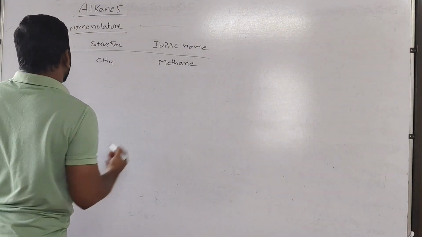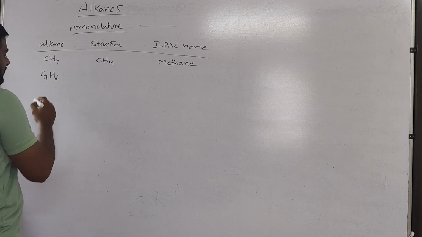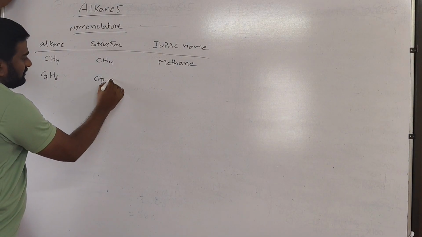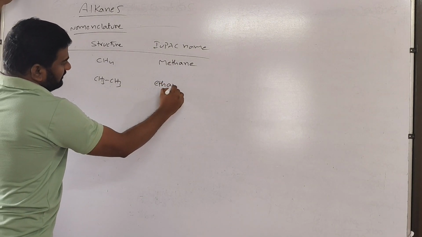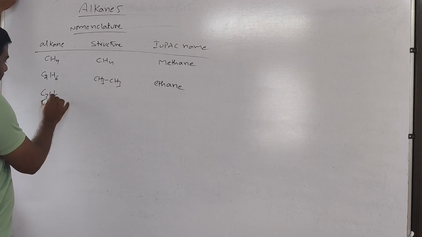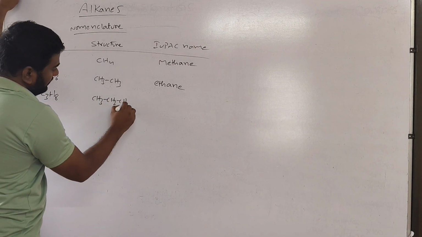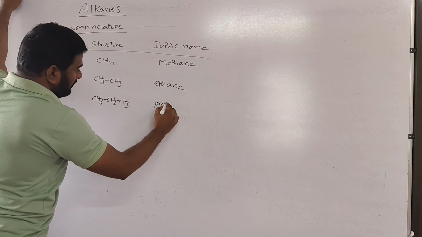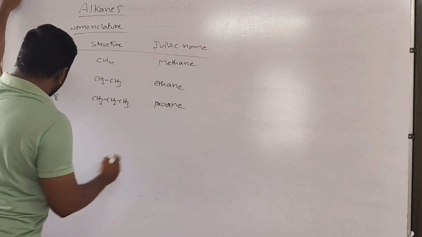Similarly, the second one, C2H6, CH3CH3: two carbons, so eth, single bonds, ane, ethane. Next, C3H8, CH3CH2CH3: three carbons, so prop, all single bonds, so propane.